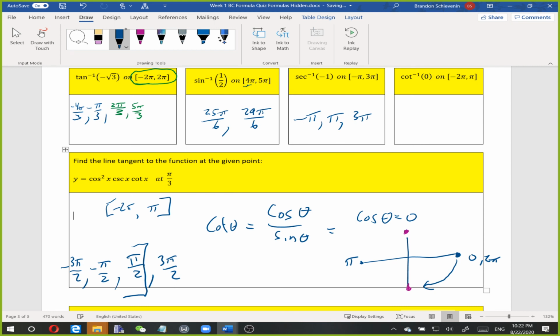Perfect. And that would get us back to the first point at negative pi over 2. Went backwards by pi over 2, and I hit the same point as 3 pi over 2. Went backwards by 3 pi over 2 from 0, and I hit the same point as our original pi halves.